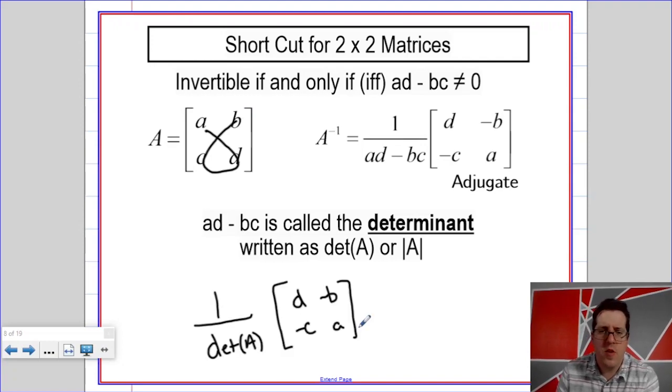So this helps us understand why our earlier examples didn't work. If your determinant is 0, then you end up dividing by 0, and it doesn't matter what you multiply by. Let's take a look back at those.